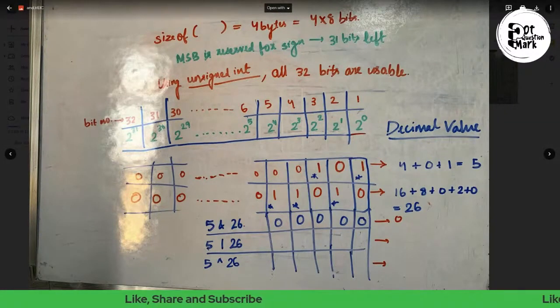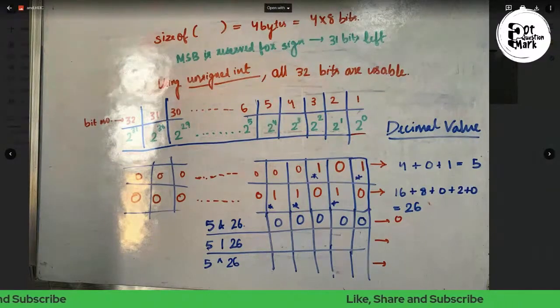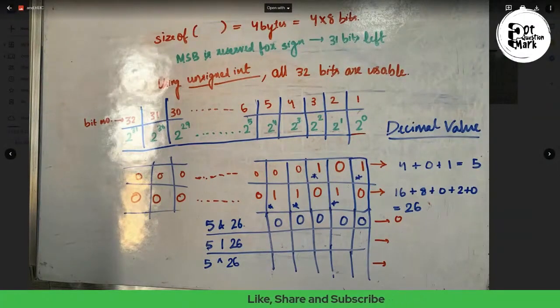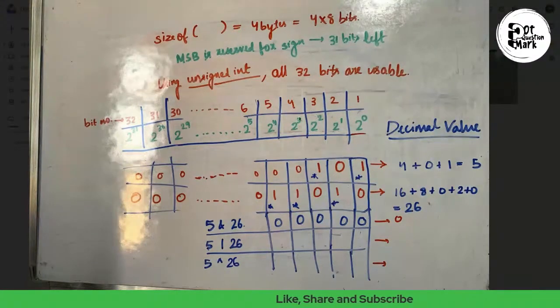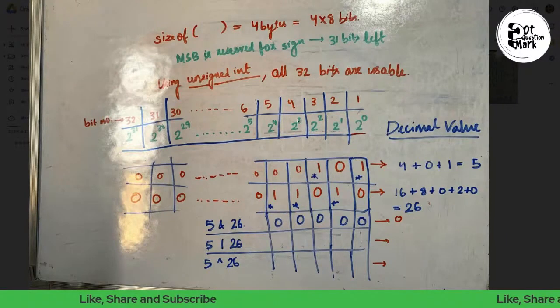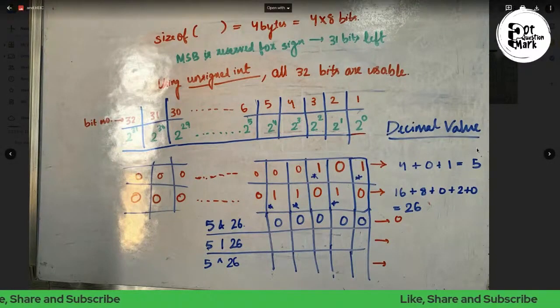Can you quickly tell me what is its decimal equivalent? 10, cool, exactly. Now that's going to be 10 because only 2 raised to power 1 and 2 raised to power 3 are going to be considered. So 2 raised to power 1 is 2 plus 8, that is 10. Cool. So I guess everyone is clear with decimal and binary.